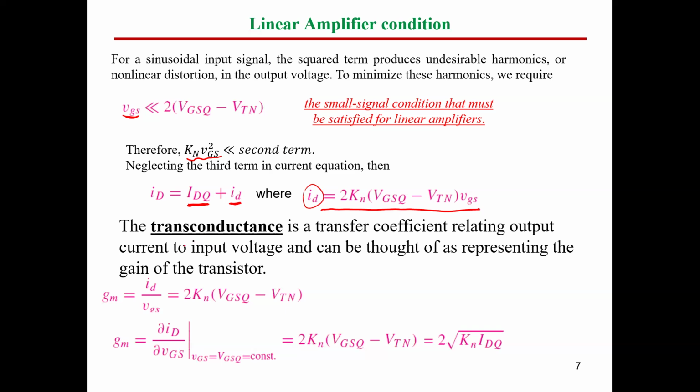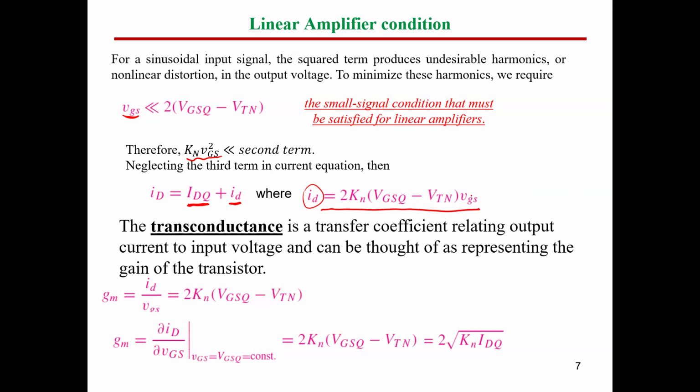So we have a new term we will define, which is called transconductance. The transconductance is a transfer coefficient relating output current to input voltage. It's a relation between the output current of the amplifier, which is id, because id is the output, and the input voltage, which is vgs.